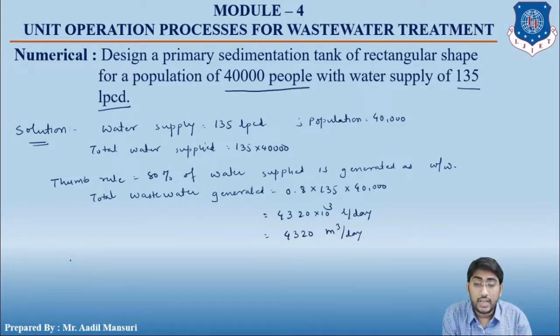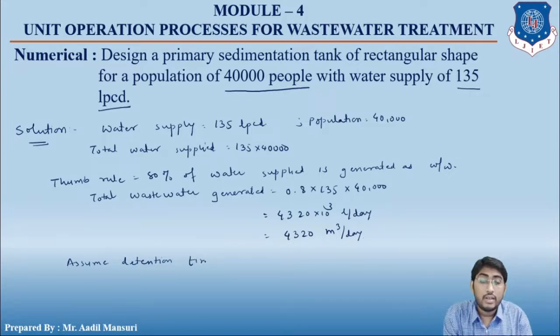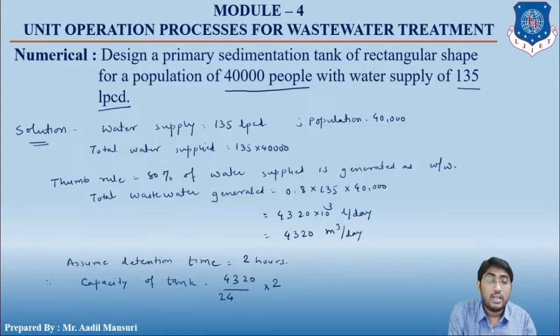Now first assumption, that is assume detention time. So how much is the ideal value? It is 2 hours, right? So therefore capacity of tank will be equal to 4320 divided by 24 into 2, right? That means this quantity of wastewater is generated.